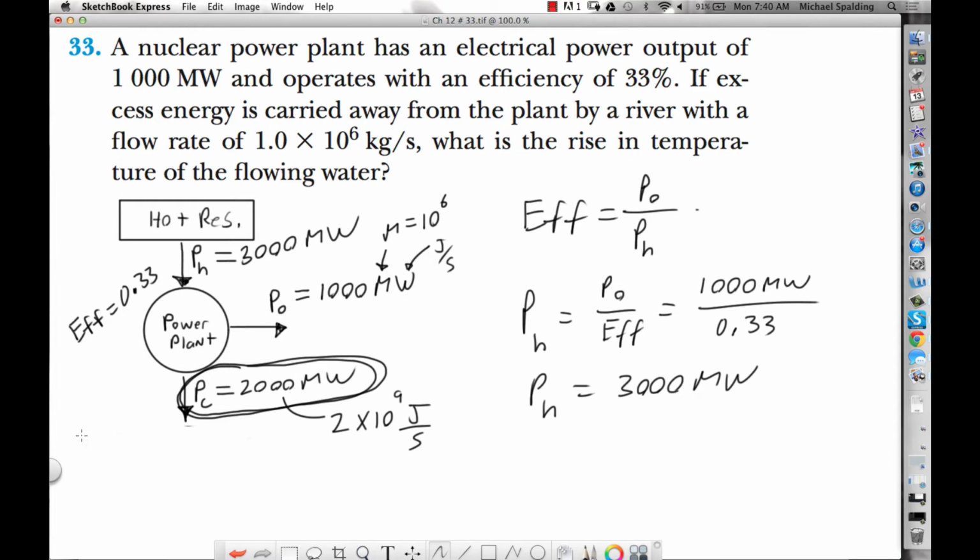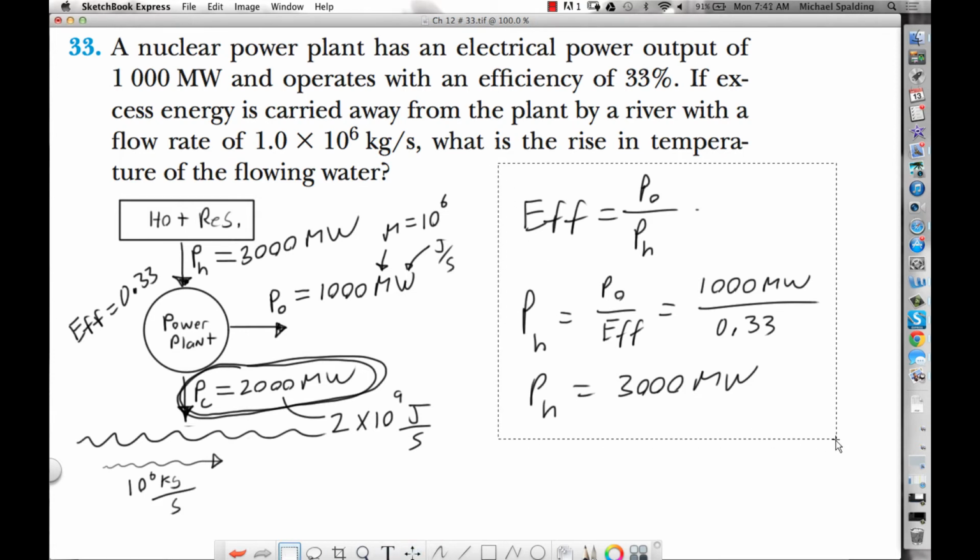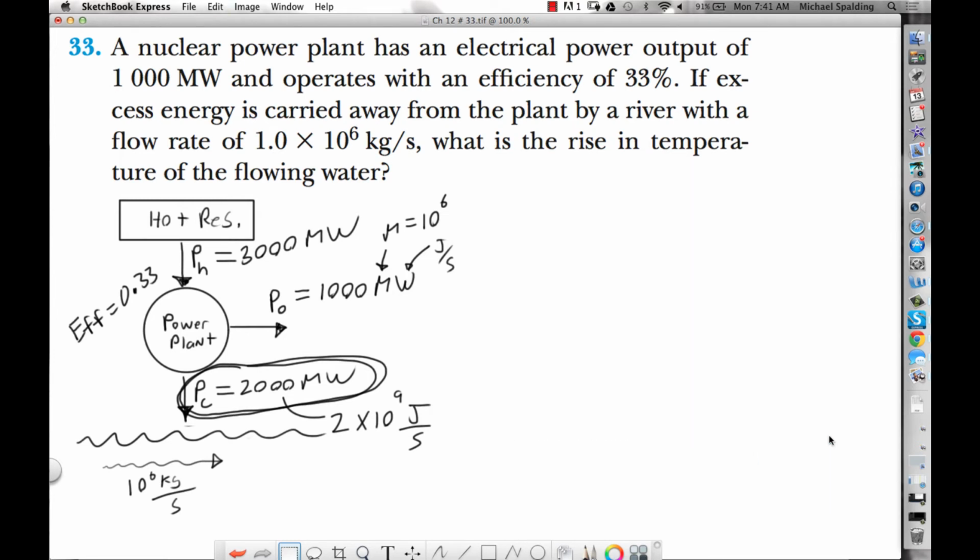Okay, so we got this river, and the water in the river is flowing by at a rate of 10 to the 6 kilograms per second. Every second, how much water goes by? 10 to the 6 kilograms, right?